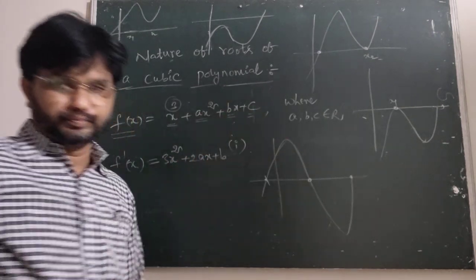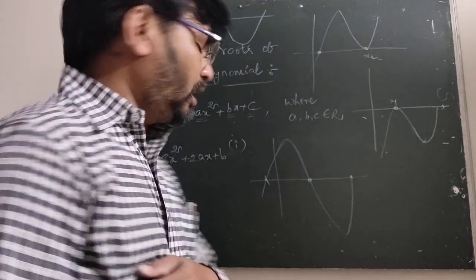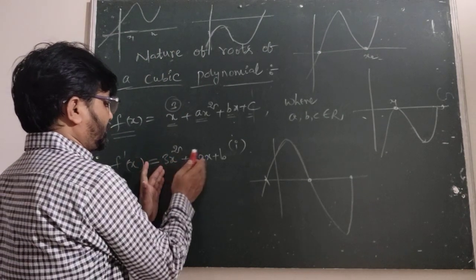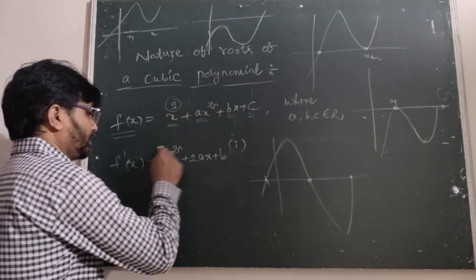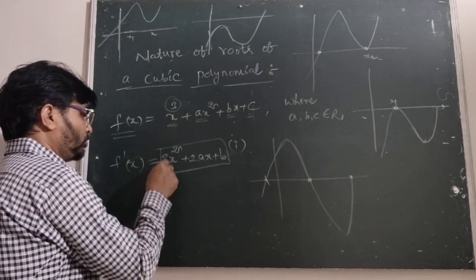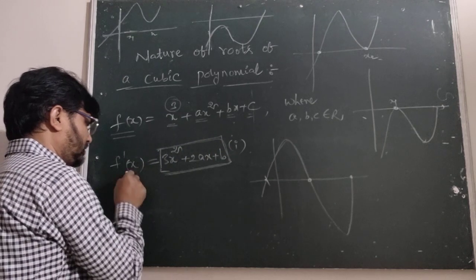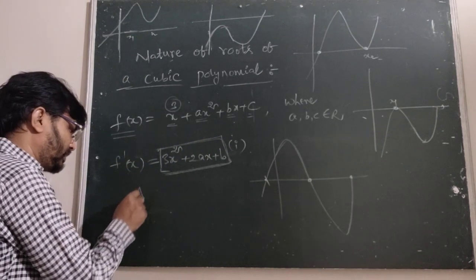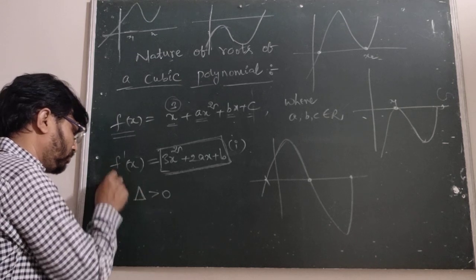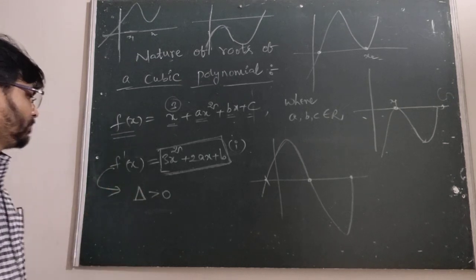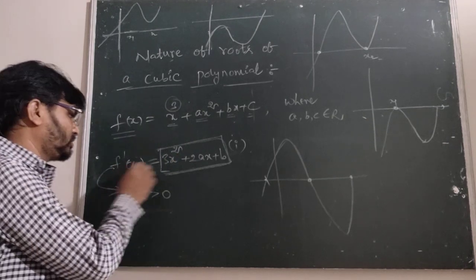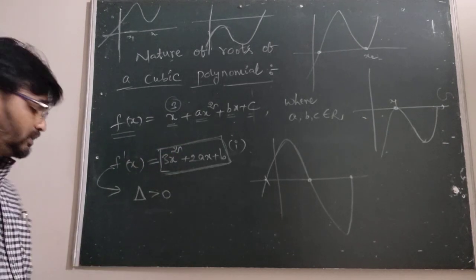Now we consider the discriminant of f dash of x, which is a quadratic expression.